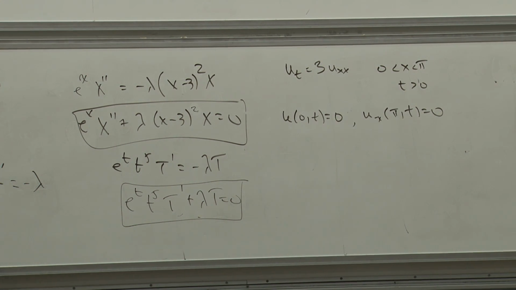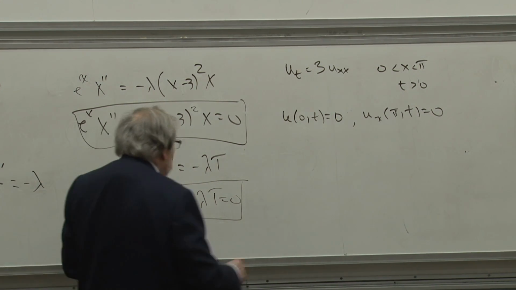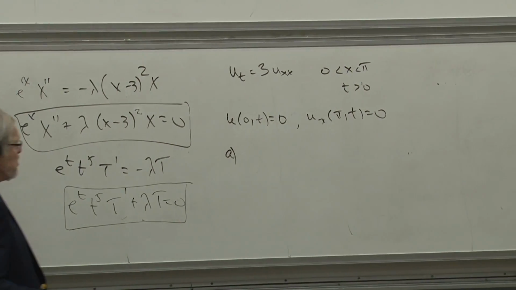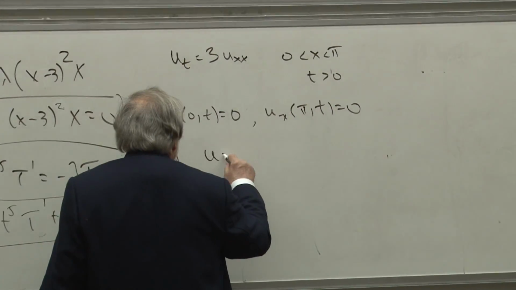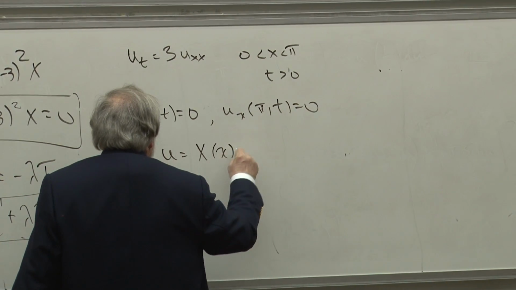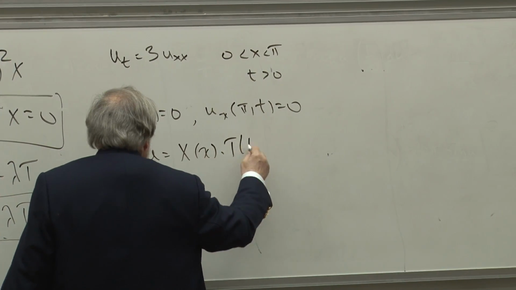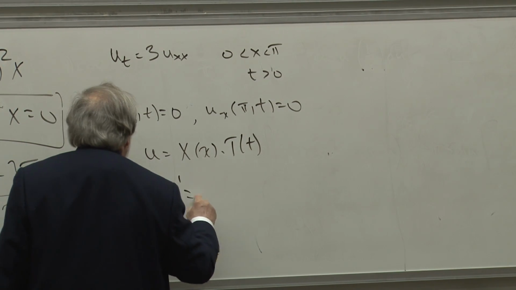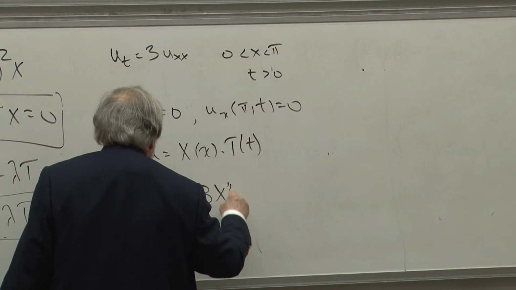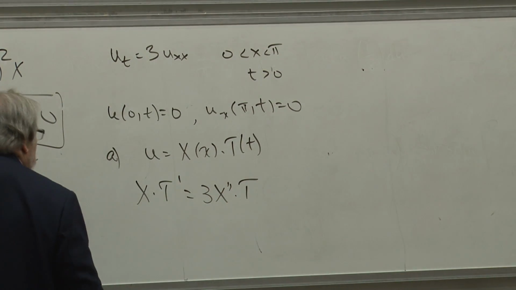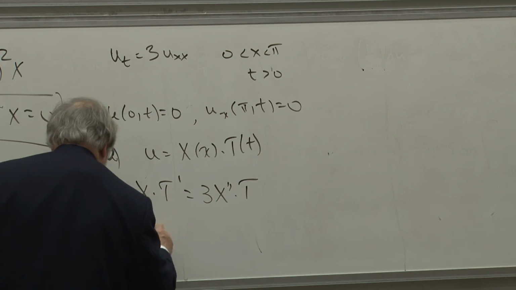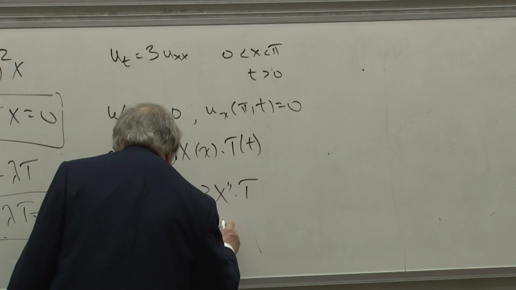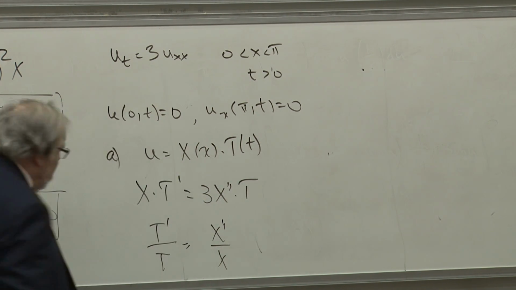So the first step then is the separation of variables process. U is X of x times T of t. Substitute that in. I have X times T prime equals 3 X double prime times T. So T prime over T, X double prime over X. There's a constant.